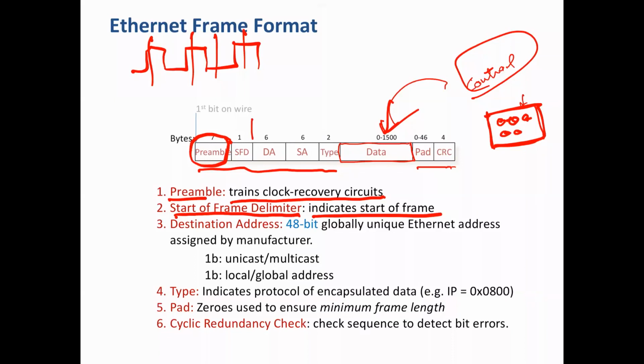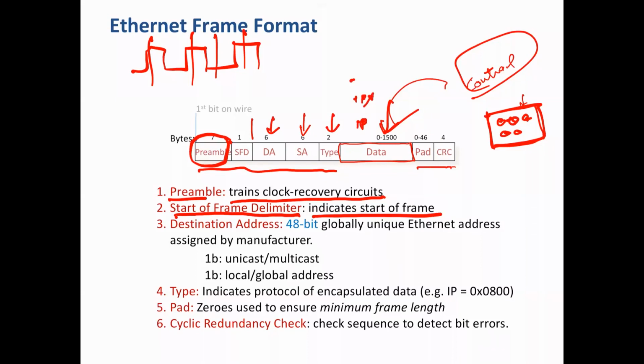Then there's a destination address of 6 bytes, which is 48 bits, and the source address, who is sending it, again 6 bytes. Then there is a type field, which is 2 bytes, basically to say what kind of data is inside, whether it is an IP packet or IPX or something else. Anything can be inside depending on the protocol.